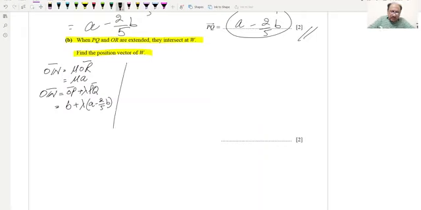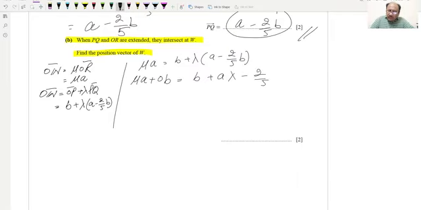So we can write mu A is equal to B plus lambda into A minus 2 by 5B. Now we will open this bracket and we will write mu A plus 0B, because this side is not having B and we have to compare B also. So B plus A lambda minus 2 by 5 lambda B.